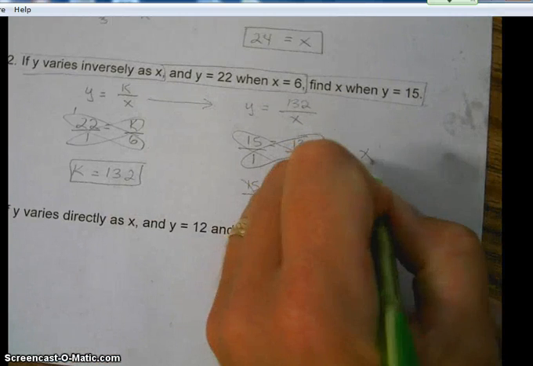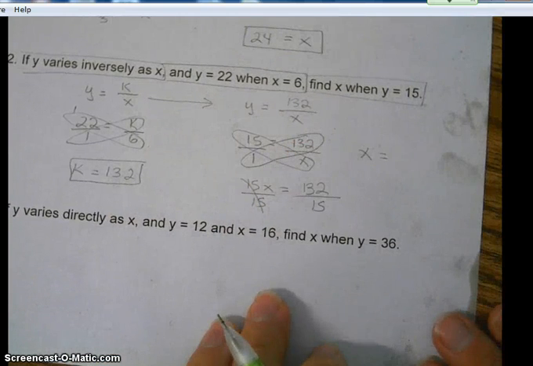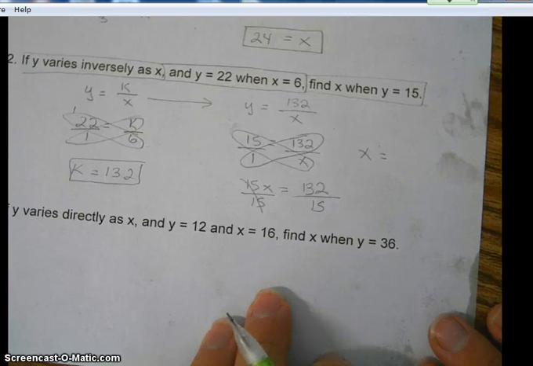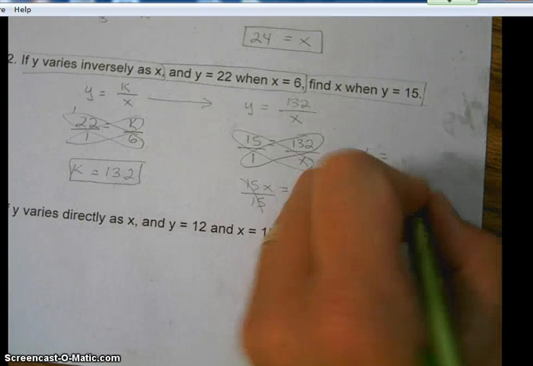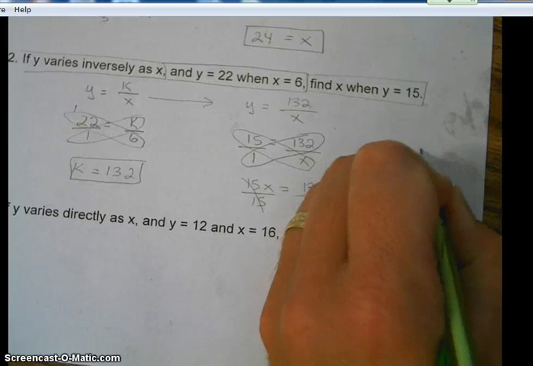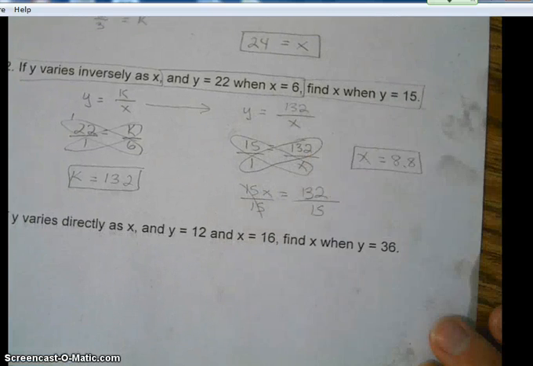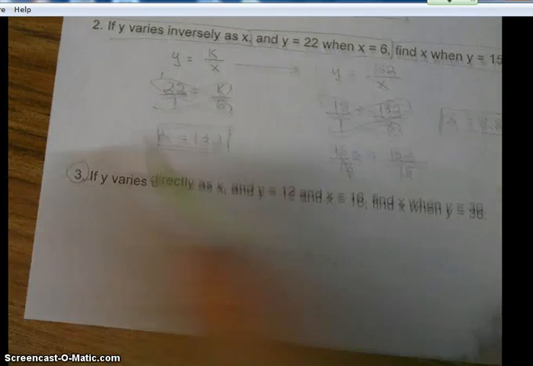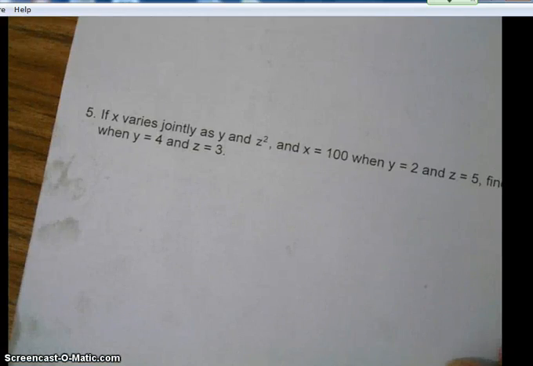So x equals, I think that's going to be 132 divided by 15 is 8.8. All right, you try number 3. Let's see what we got on the back here.